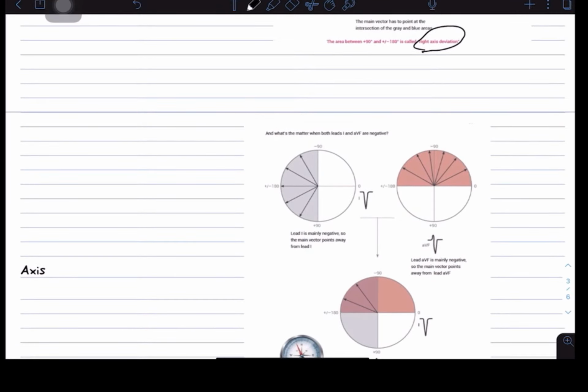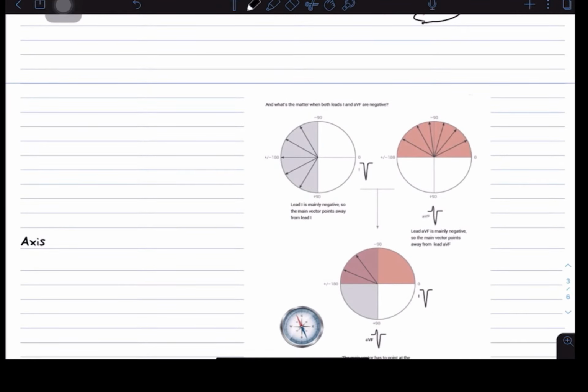Okay, next in this we can see this is the lead 1 and the vector is going away from the lead 1, so it's a negative deflection as we can see here, because it's going away from lead 1, and we know that if lead 1 is negative we are going to check lead AVF.